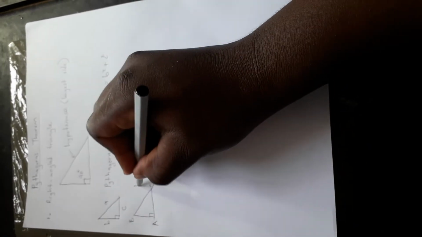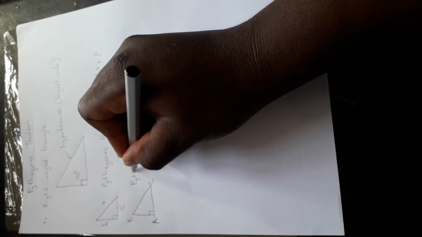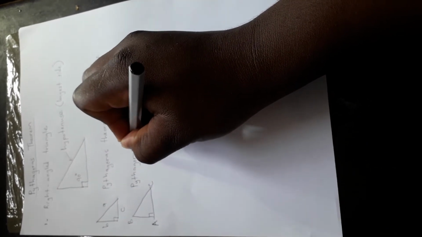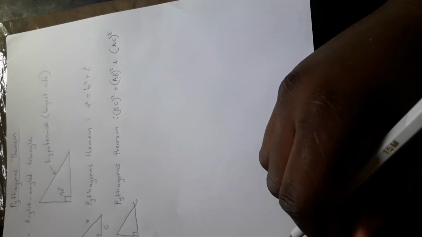So the Pythagoras theorem in this case will be BC squared is equal to AB squared plus AC squared. That is it. So the hypotenuse, the other thing is we can actually write it in shorthand like just hyp.